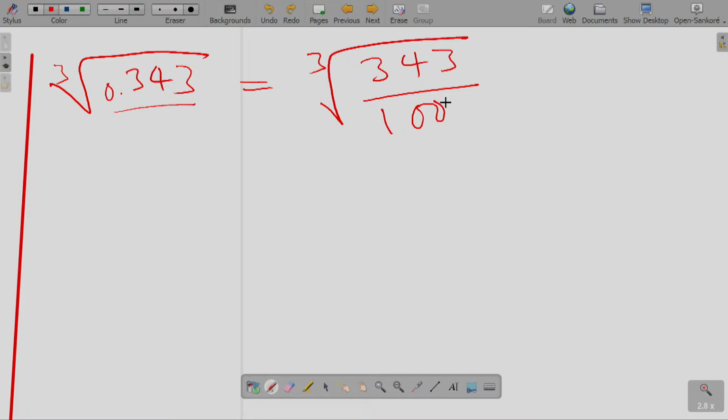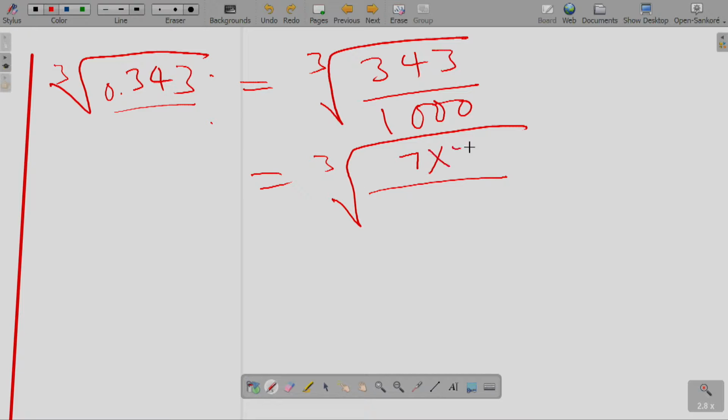We get 343 over 1000 if we multiply by 1000 up and down. 343 is equal to 7 times 7 times 7, and 1000 is equal to 10 times 10 times 10.